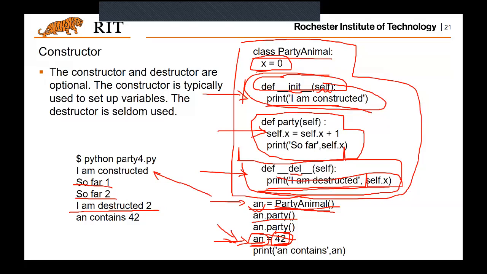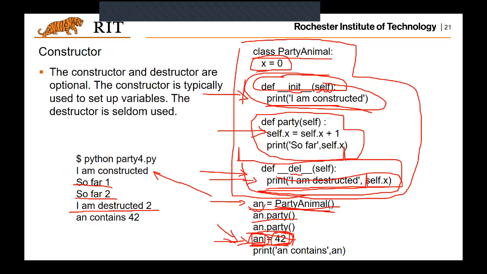So again, although there's no explicit function call of this destructor, as long as you do not need that object and you are assigning a different value to this variable, Python will find the destructor and destroy that object instance, and that's how it works.